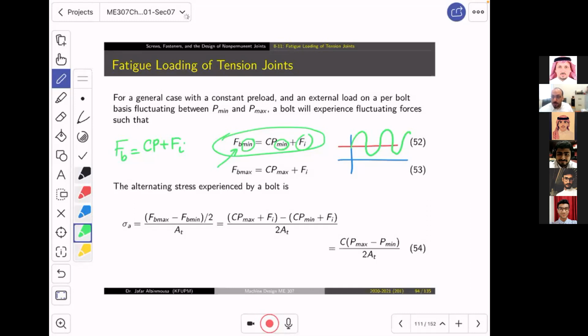Because the force fluctuates. I can't hear you, Ali. You have a problem with the mic since the beginning of the term. If you want, you can type it. Anybody else, guys? Doctor, maybe because the force is fluctuating.